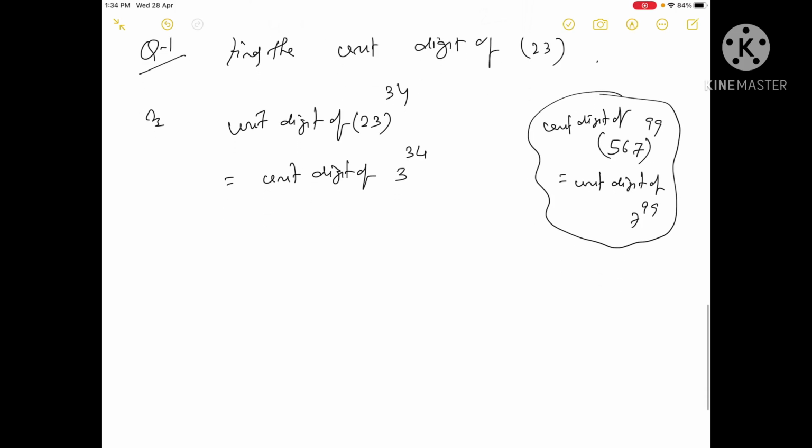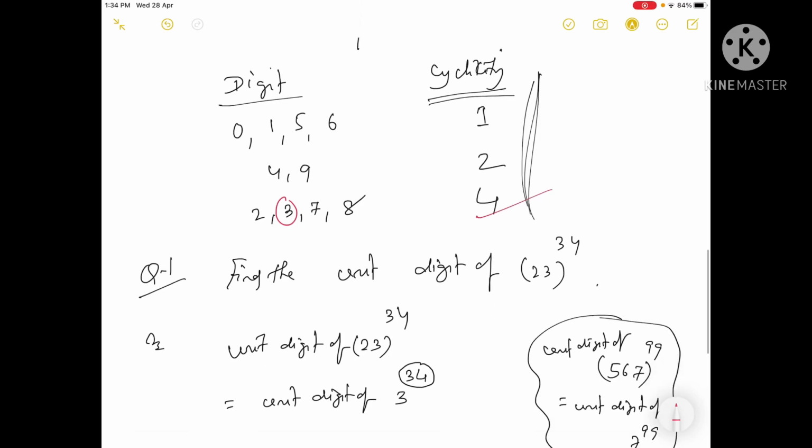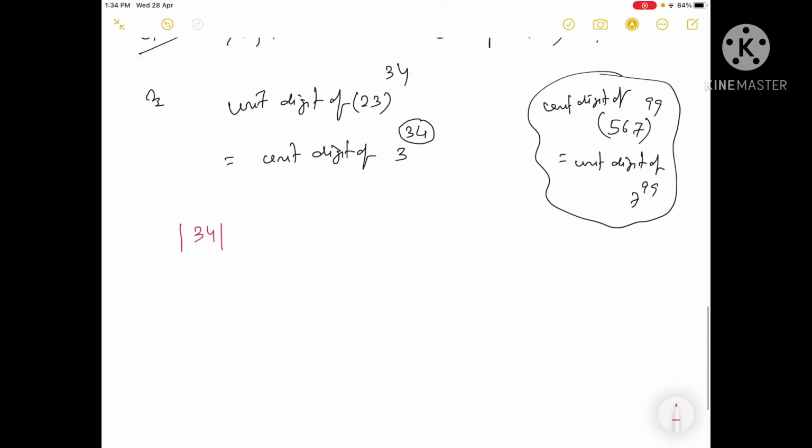Now we have to find the unit digit of 3 to the power 34. Now divide this 34 by the cyclicity of 3. The cyclicity of 3 is 4, so divide 34 by 4. 4 into 8 is 32, and the remainder is 2.